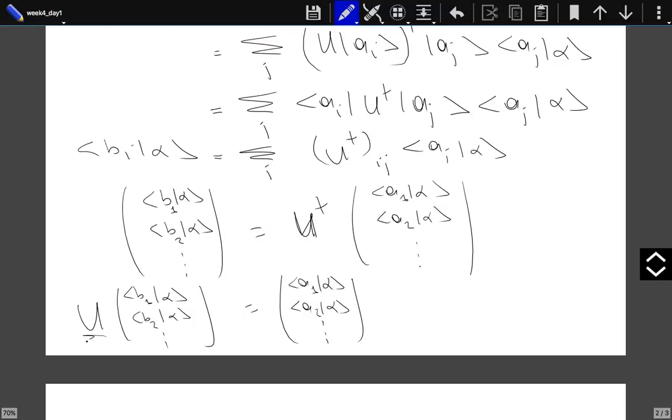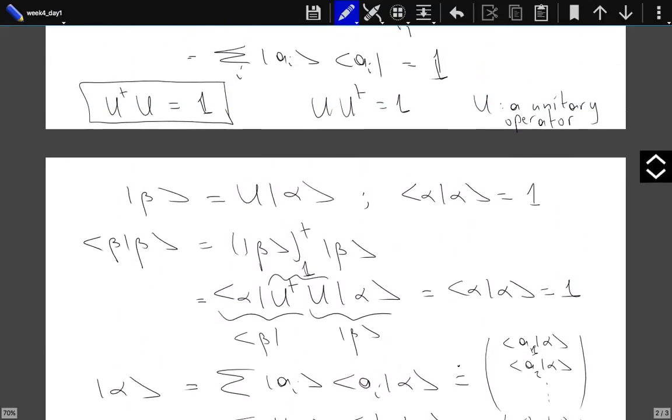You see, here we are talking about the matrix representation of U, which we said that we can use to map between the matrix representations of these kets in different bases. But U is an operator, the way we defined it.